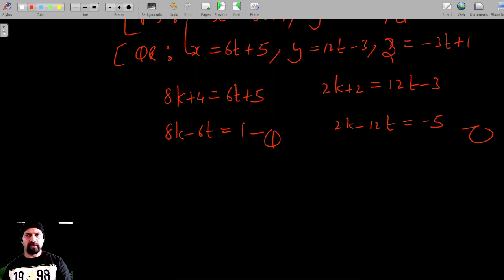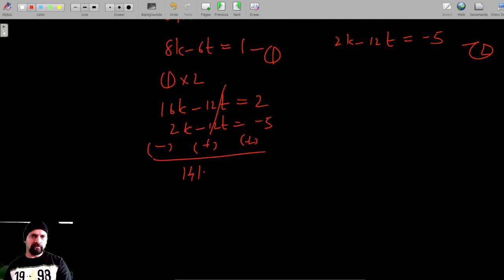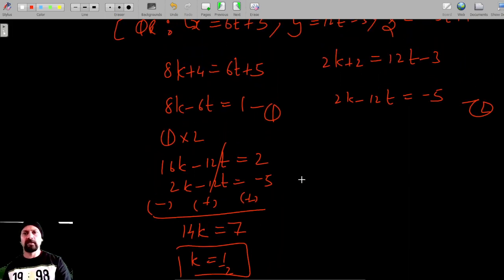So this is equation 1 and 2. Solving 1 and 2, let's multiply 1 with 2, which gives 16k minus 12t is equal to 2, and 2k minus 12t is equal to negative 5. Subtracting, this gets cancelled. 16 minus 2 is 14k, which is equal to 7, and k is equal to half.